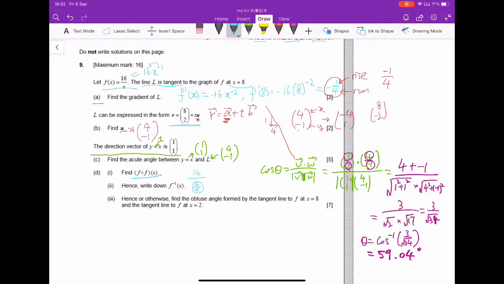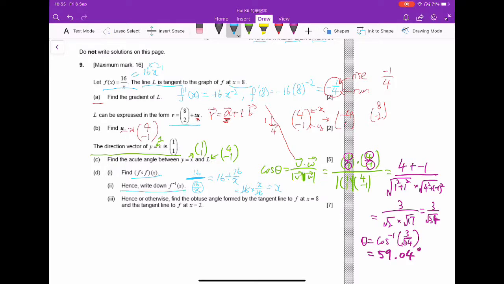I don't know if you're good with fractions, but the bigger fraction line means divide. So it's 16 divided by 16 over x. So it is 16 times x over 16. So the 16 and 16 cancel out, and it is x. So f circle f is just x.